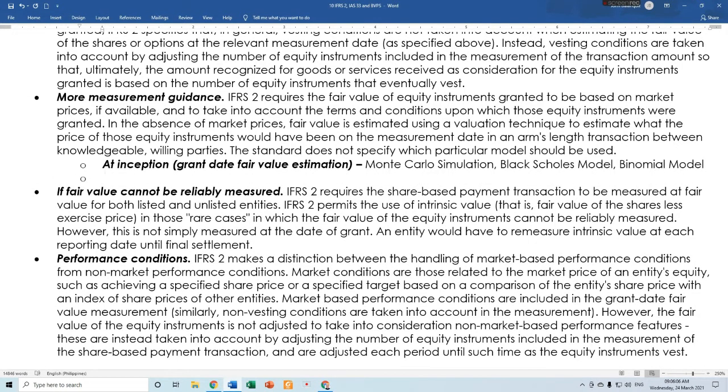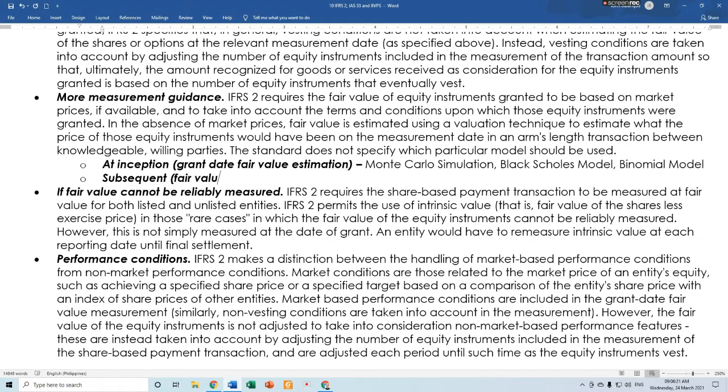Okay? Kapag naman subsequent, okay, meaning after fair value estimation, after grant date.